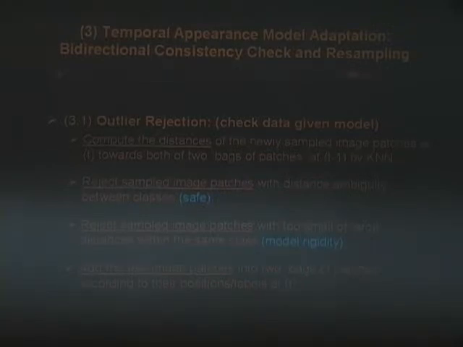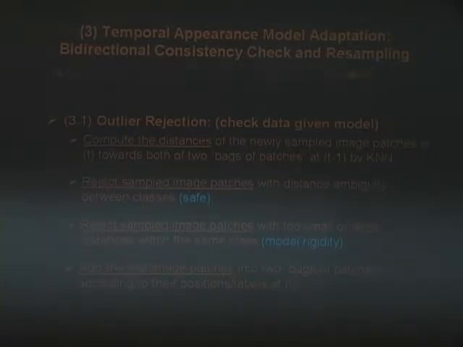Okay, so what do we check? We check two things when we check data given the model. We want to integrate new data into the model, so we want to make sure something is not very bad. We do not want to integrate bad things into our model. Sometimes you make a wrong decision when you're tracking things, but you want to keep the model rigidity with an outlier rejection procedure. So we have two steps.